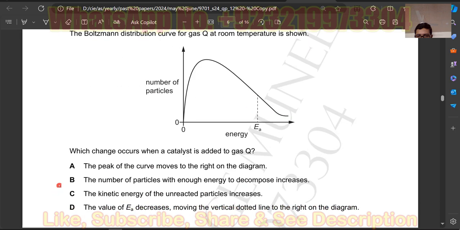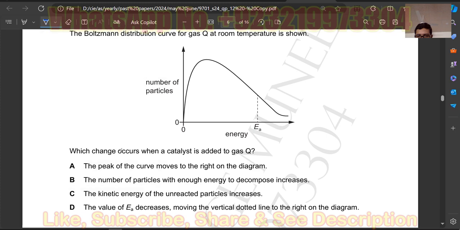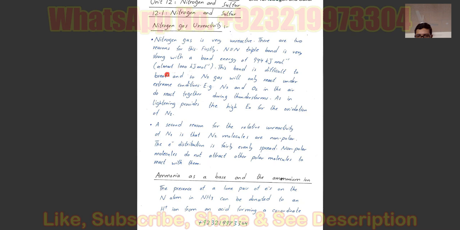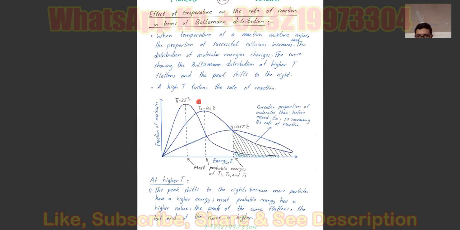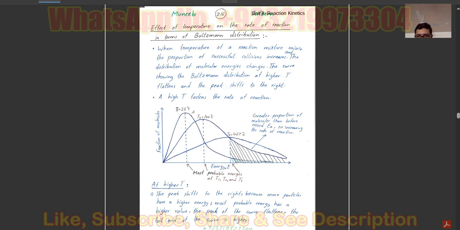The options given are the peak of the curve moves to the right on the diagram. As you know, and according to my notes, I should show you. In my notes, you can clearly see that when the temperature is increased, the peak basically shifts towards the right side, and towards a downward direction.